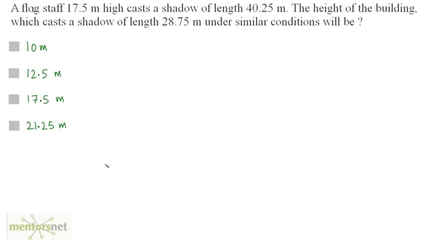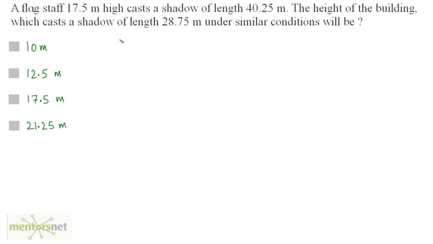A flagstaff 17.5 meters high casts a shadow of length 40.25 meters. The height of the building which casts a shadow of length 28.75 meters under similar conditions will be. Well, we have two quantities, height and the length of shadow. And is height directly proportional to the length of shadow or inversely proportional?